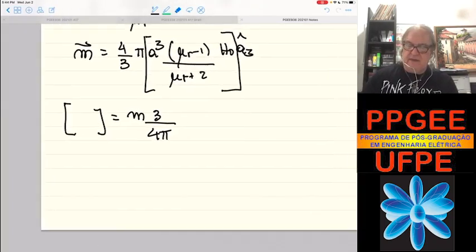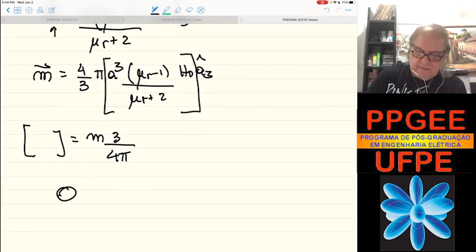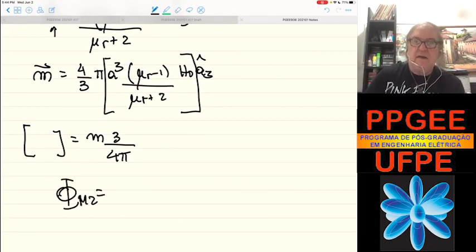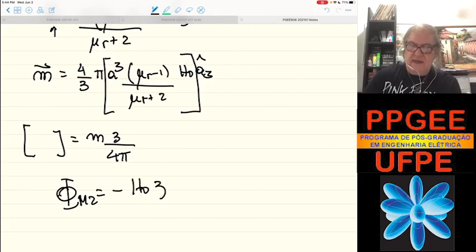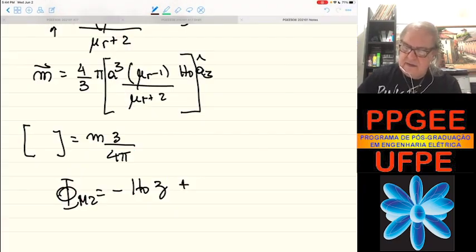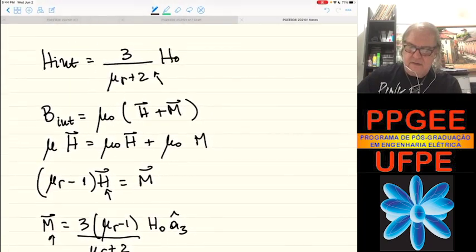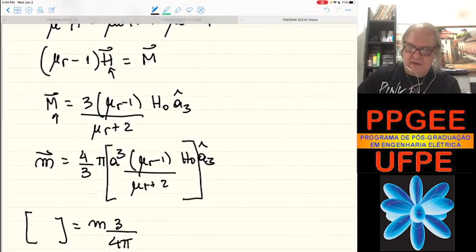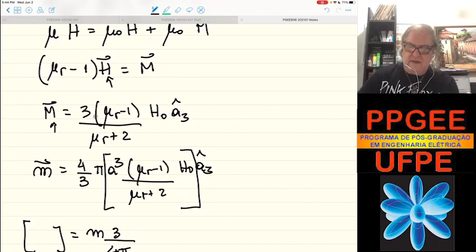So the magnetic potential outside equals minus H0 z, then we have plus... there's a missing 3 here. I think I forgot a 3 somewhere. Sorry. What is the 3? Oh, that's what the 3 is.